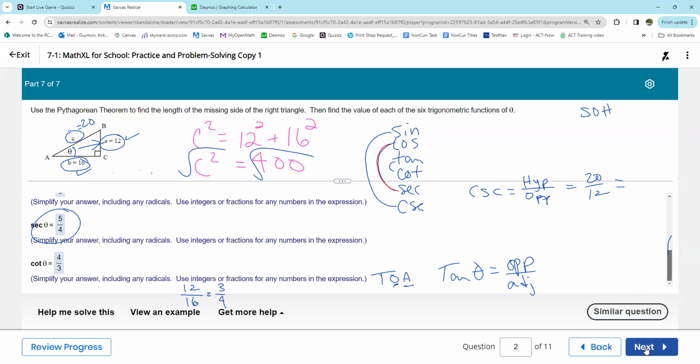Algebra 2, lesson 7-1. This is our second problem in the assignment.